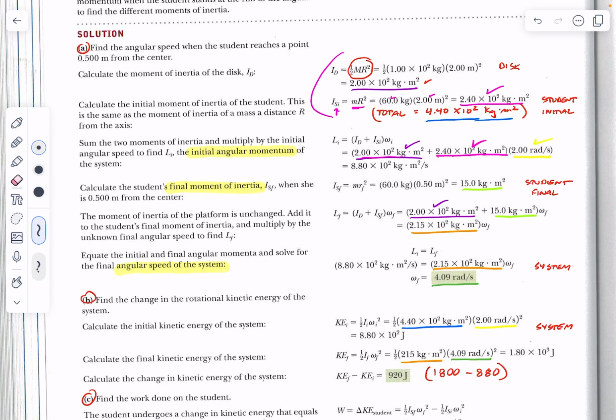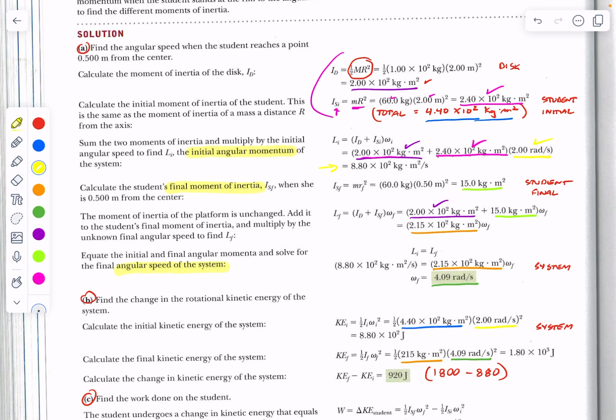You're going to need that value again later on in the problem. And now we can find the total angular momentum when we multiply the total rotational inertia in the purple and pink times the angular velocity.